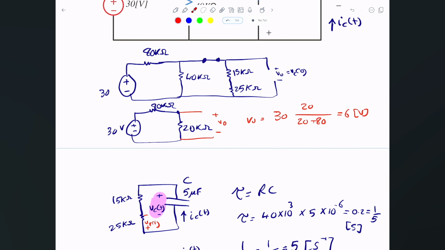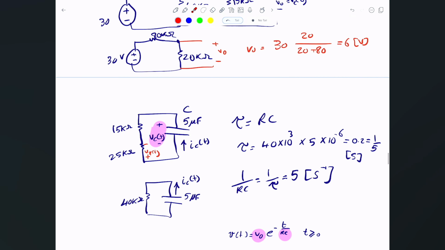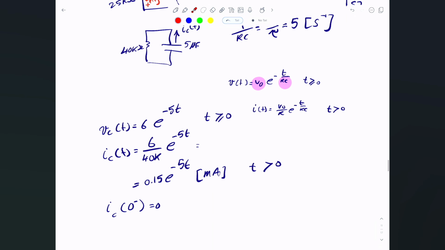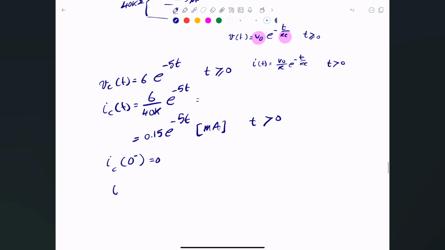But right after switching, there will be a current flowing. So we will have I_C(0 plus) simply be 0.15 milliamp. All I did is substitute the 0 in this particular t, and of course the exponential goes to 1, so that's 0.15 milliamp. That is why we say t is greater than 0, not greater than or equal to 0.